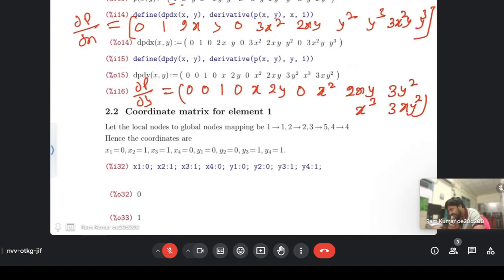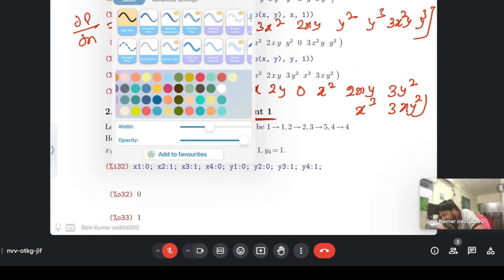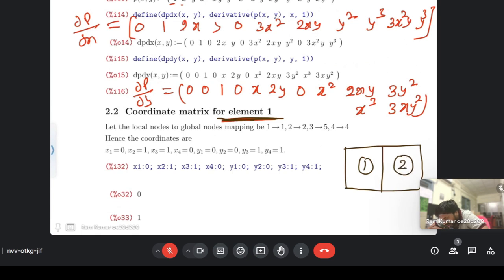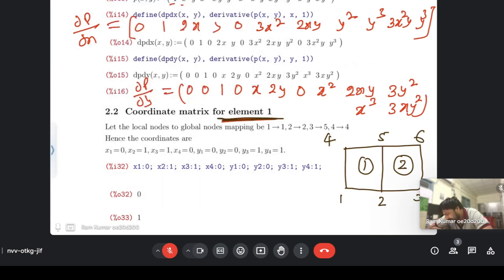We are solving for element number 1. In total we have 2 elements, element 1 and element 2. This is node 1, node 2, node 3, node 4, 5, 6. And one thing we have to remember for this type of element is that we have to do the mapping.